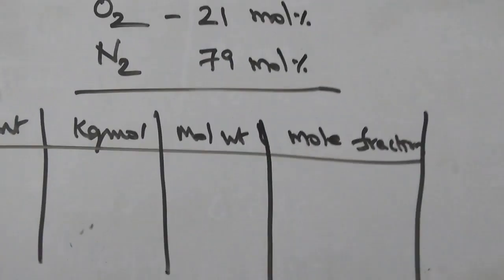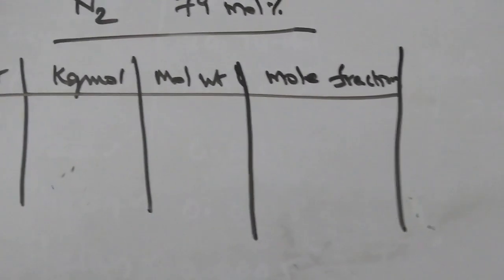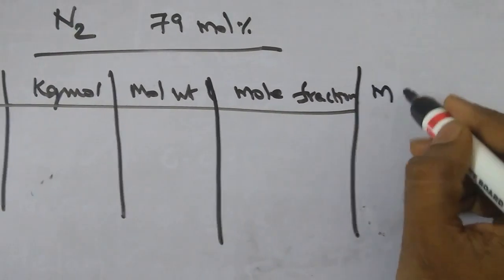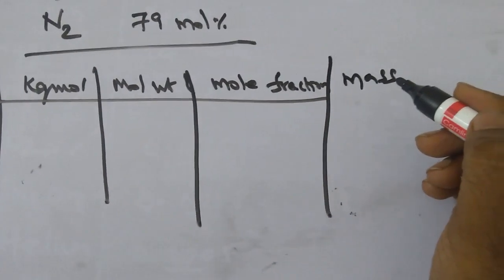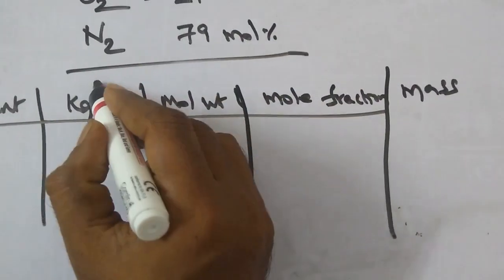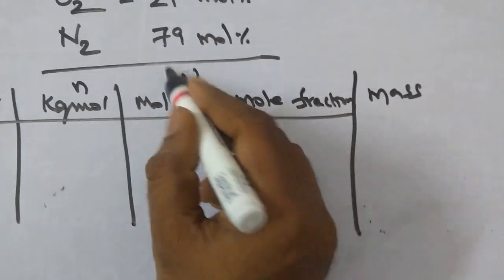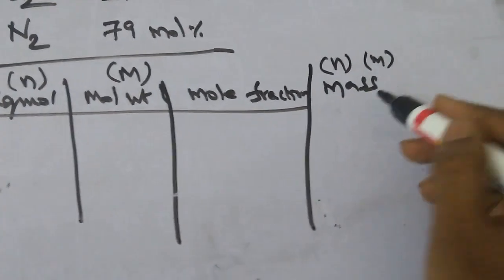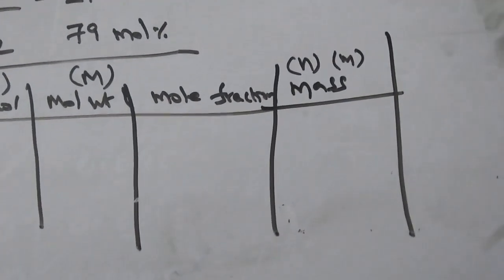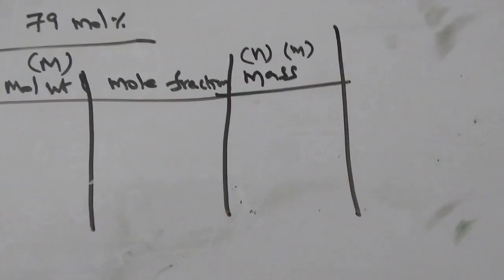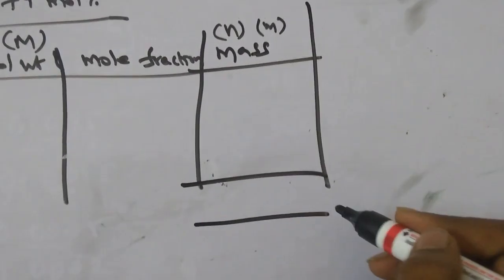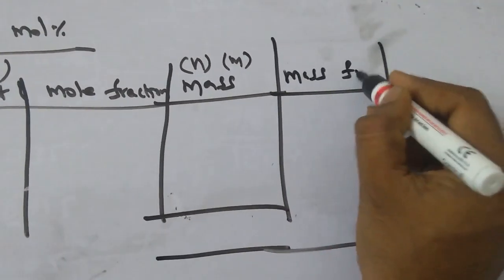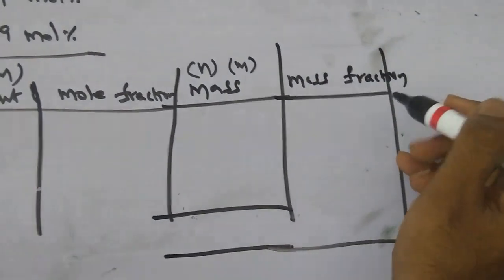Kg moles and molecular weight are known, so we can determine the mass, mass equal to n into M. We can even express the mass percentage. Once we get the total mass, we can determine the mass fraction.